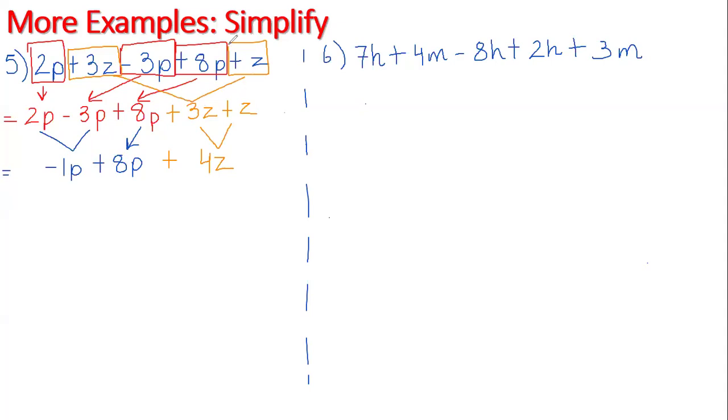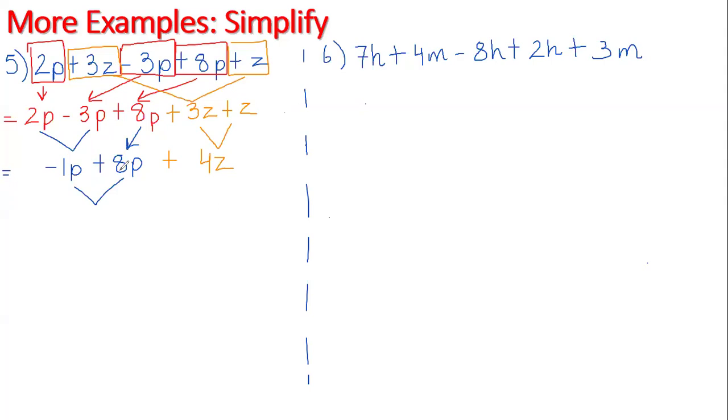Next, what are we going to do? We're going to add the negative 1p and the 8p. So let's add these two.